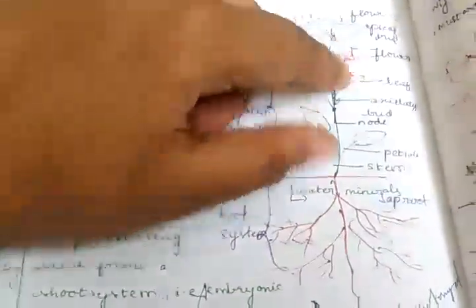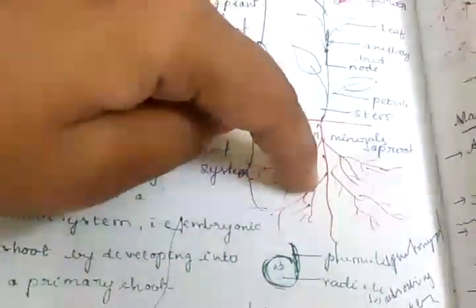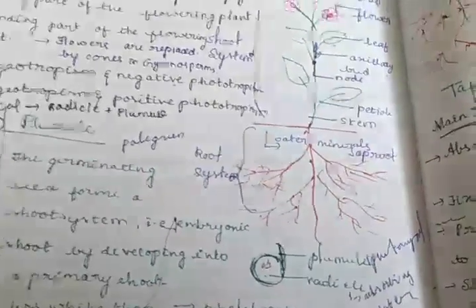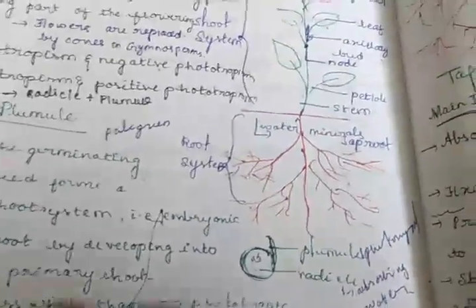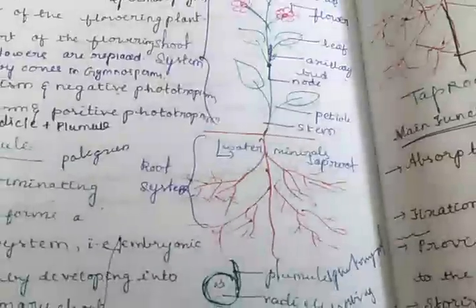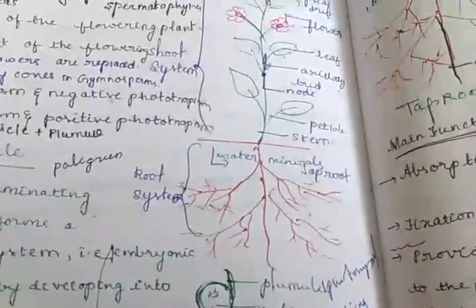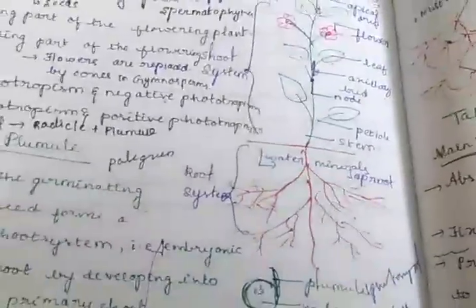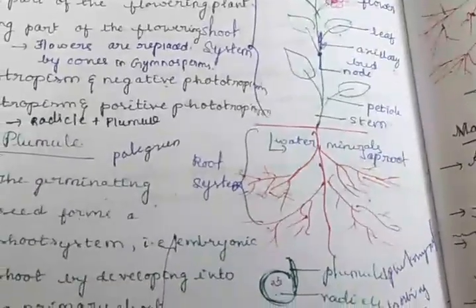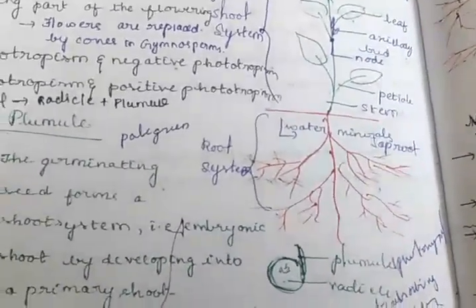Sunlight will come from this direction, it should grow this way, but it goes the other way, which means it does not require sunlight. So it is negatively phototropic. Photo means sunlight. You have learnt in 10th class, I think, about tropic movements and nastic movements, and phototropism and its types.